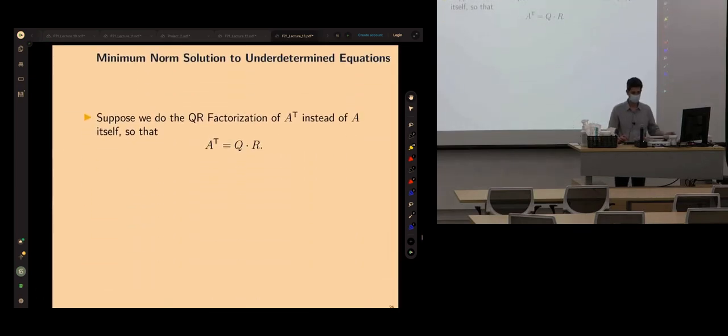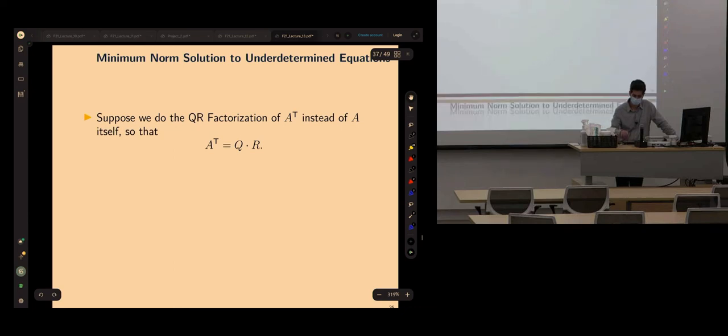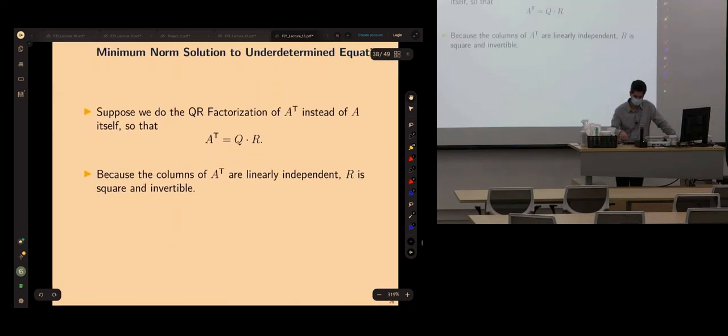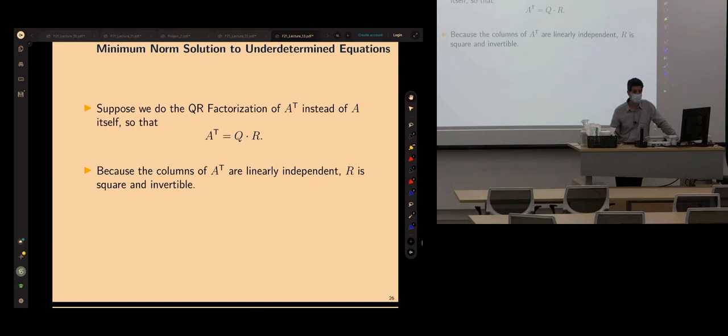Now, that's a little painful. Let's see if we can make it simpler. How about we factorize A transpose instead of A? See what we get out of this. Because the columns of A transpose are the rows of A, the columns of A transpose are linearly independent, and then we can use Gram-Schmidt and factorize A transpose, right?